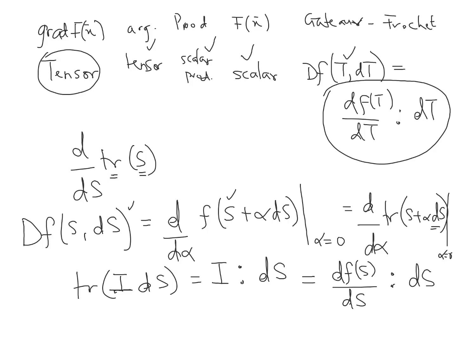Comparing the left-hand side with the right-hand side, you will see that your df/dS is actually your identity tensor. So when your function is a trace, your Frechet derivative is equal to the identity tensor.